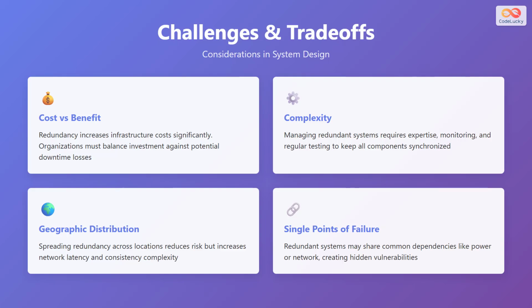Third, geographic distribution. Spreading redundancy across multiple locations reduces risk, but increases network delays and makes data consistency more difficult. Finally, hidden single points of failure. Redundant systems may share common dependencies like shared power supplies or network connections, creating vulnerabilities you might not see.